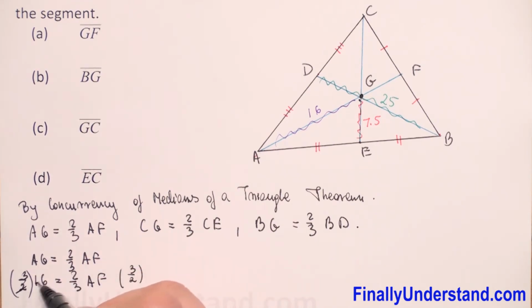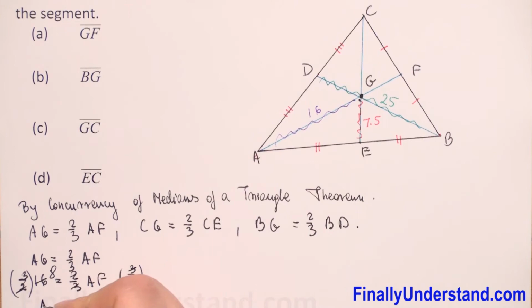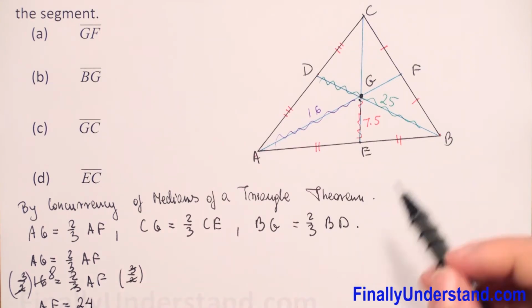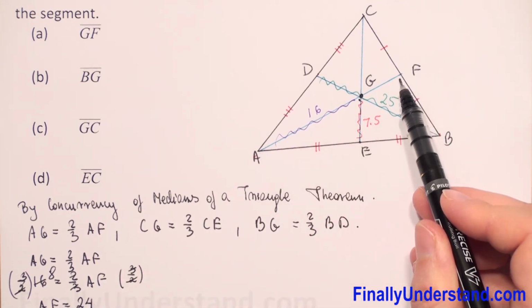So 2 and 16 we can reduce, will be 8. 3 times 8 is 24, and this whole fraction will reduce, and I will change the sides. AF will be equal, 3 times 8 is 24. So we have AF is 24.